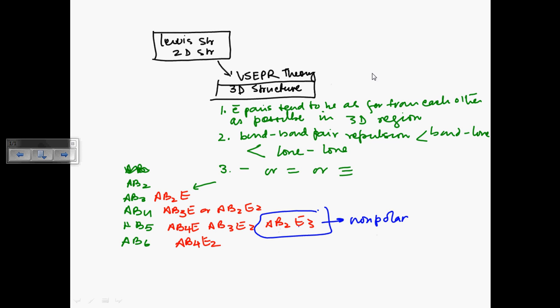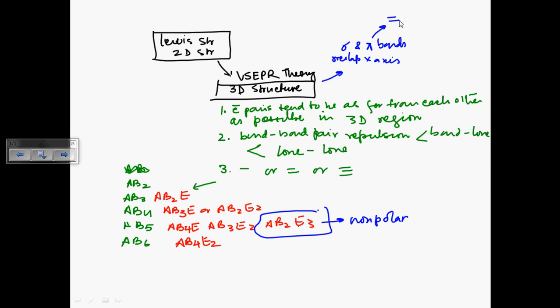The last part in the VSEPR structure is sigma and pi bonds. Remember guys, a sigma bond can be between anything: s-s, s-p, p-p, sp, any of the hybridized orbitals. The only requirement is that the overlap is along the x-axis. Pi bonds are rather specific.